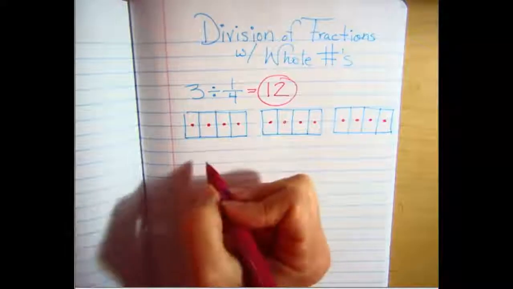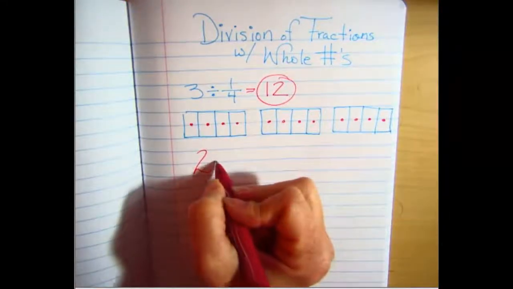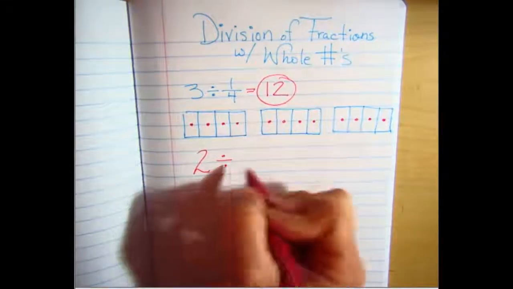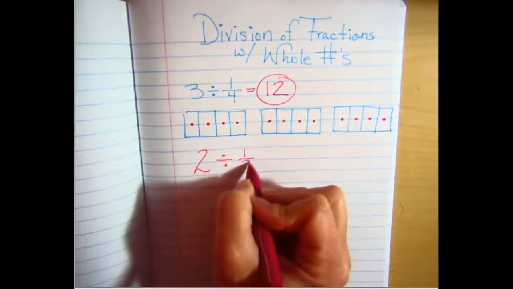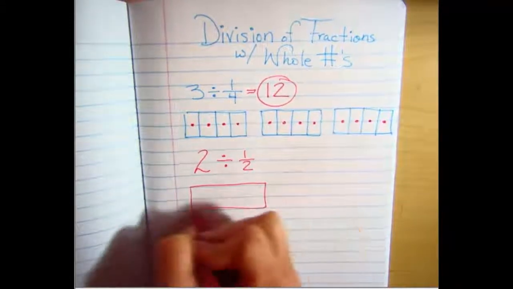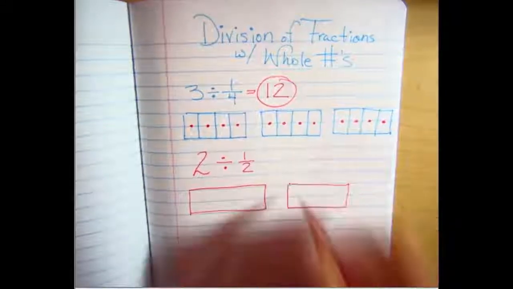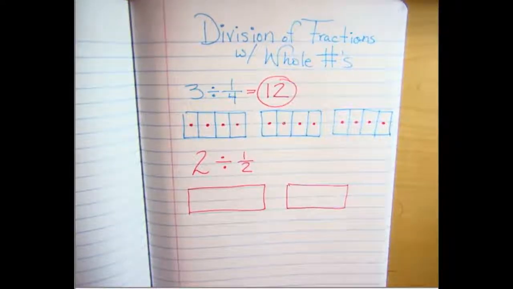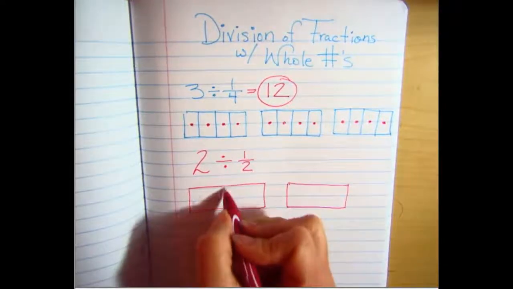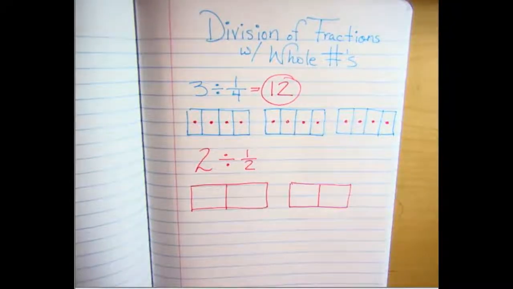If you start out with a whole number and divide it by a fraction, your answer is always going to be a larger whole number. If I start out with 2 candy bars and I divide them into halves, how many pieces am I going to have? 4.